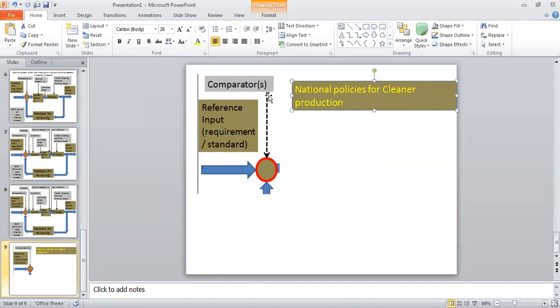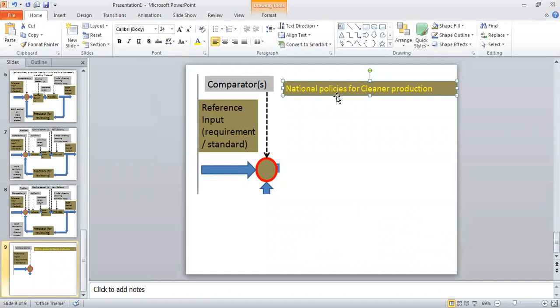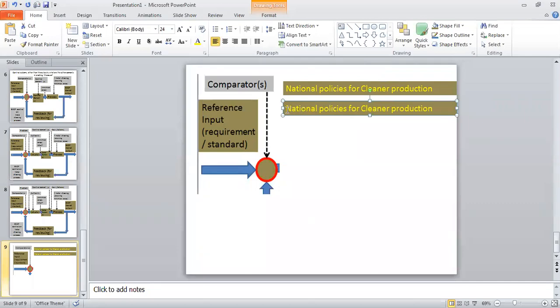There can be environmental management standards, the reference.